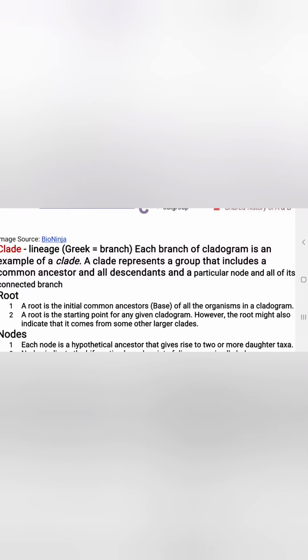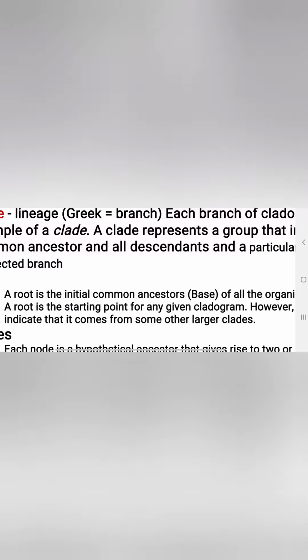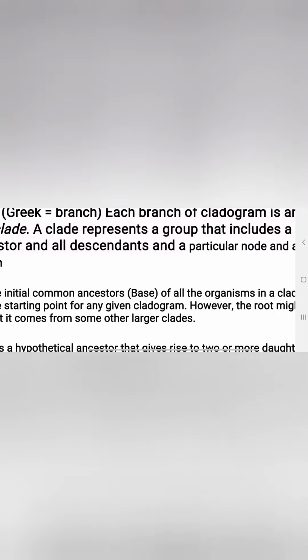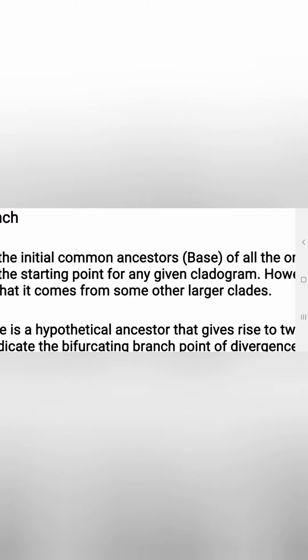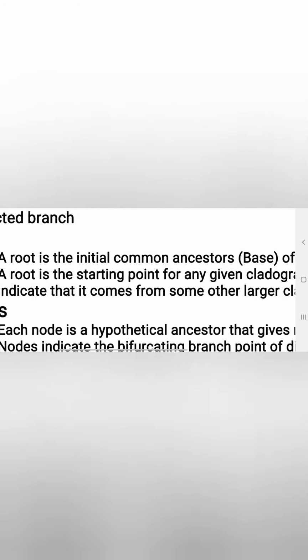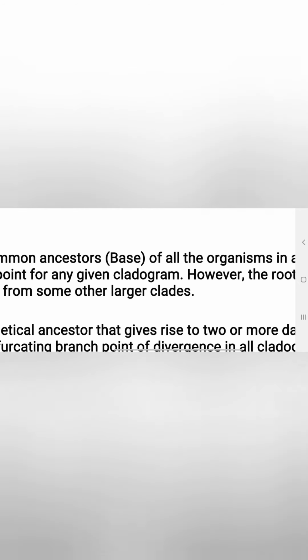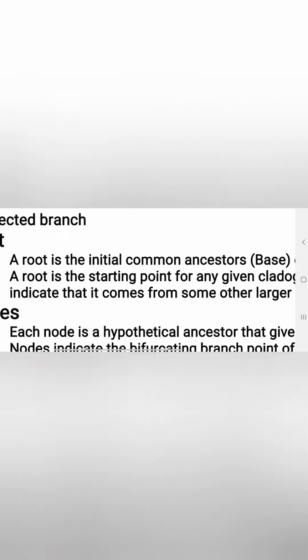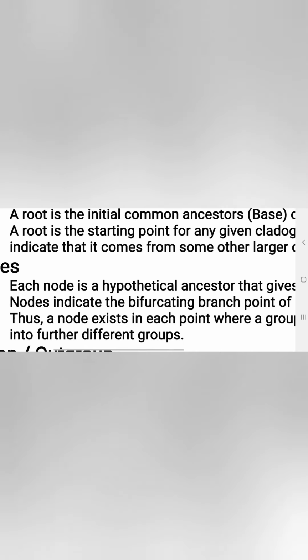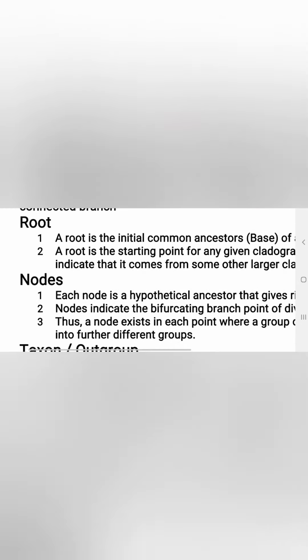And root: the root is the initial common ancestor of all the organisms in a cladogram. It is the point or common ancestor or base from where all the clades arise. A root is the starting point for any cladogram. However, the root might also indicate that it arises from some other larger clade.